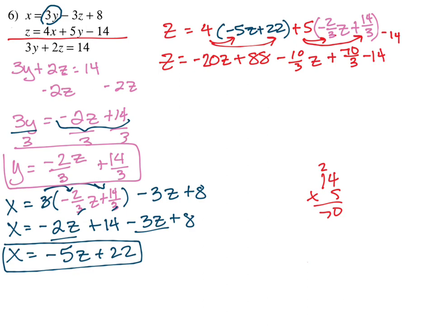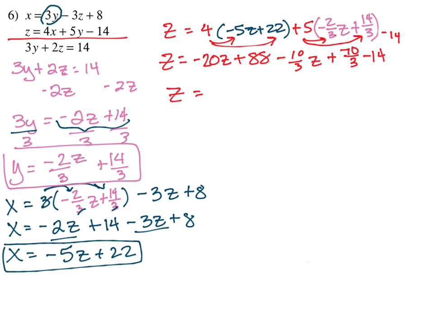All right. Now let's combine like terms. Eventually we want to get letters on the left side and numbers on the right side. For now, I'm content to just stay on the right side and consolidate. So negative 20z minus 10/3 z. What if we called 20 thirds?